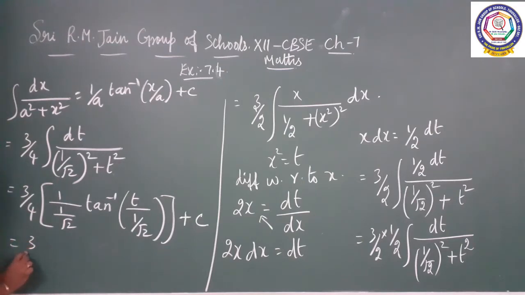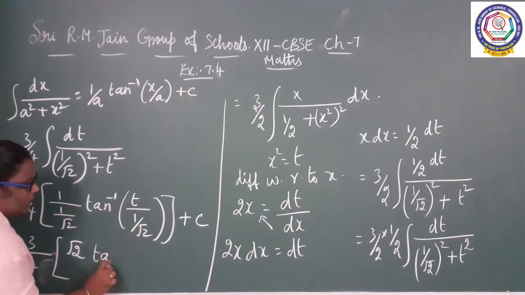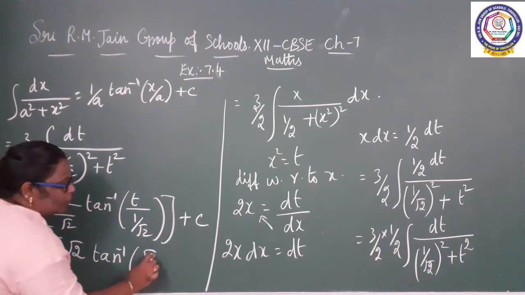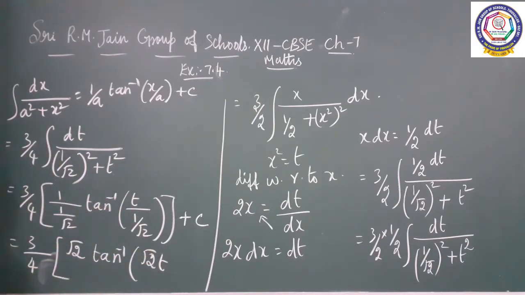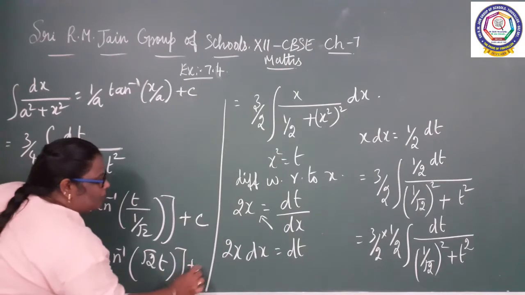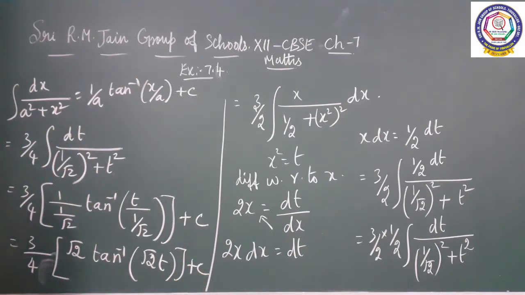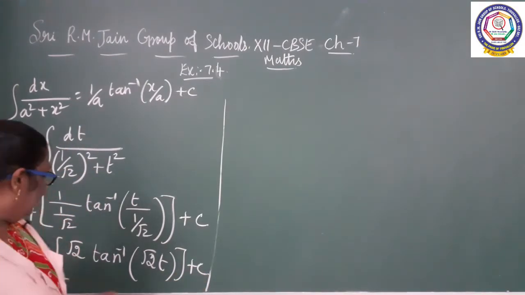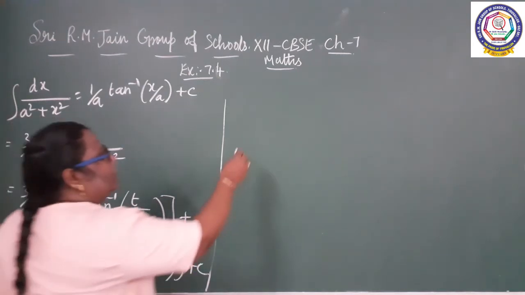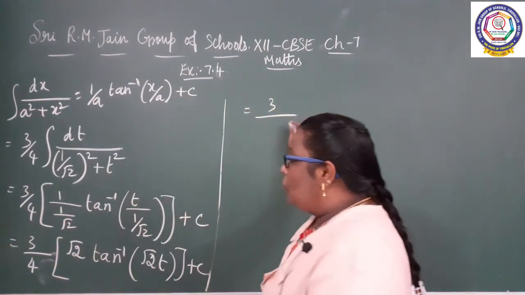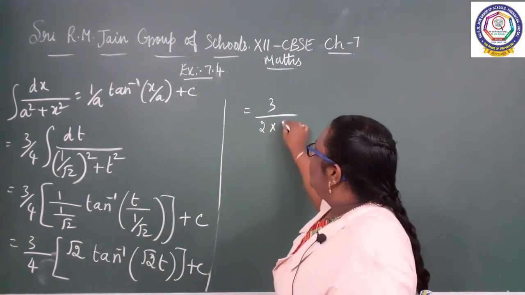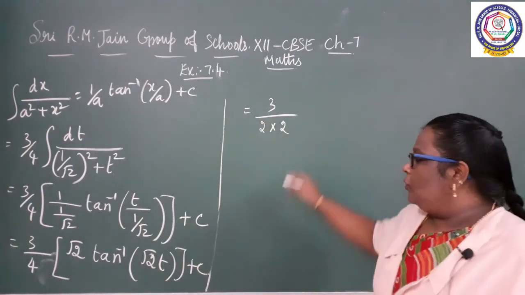So it gives 3 by 4, reciprocal that value, it becomes root 2. It becomes root 2 into tan inverse of root 2 t, reciprocal that value, root 2 t plus c. See that 4, you can split up into 2 into 2, 2 2s are 4.